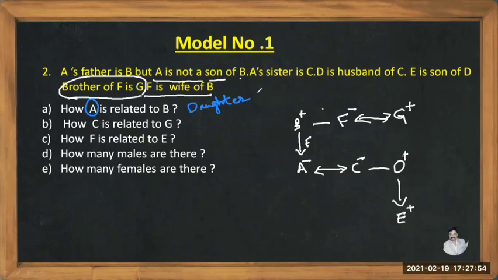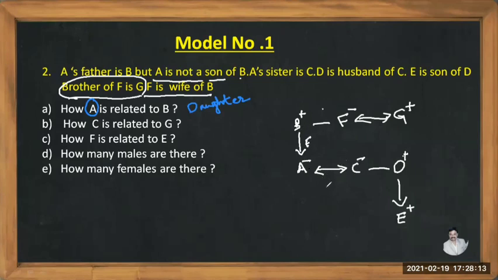Next, how is C related to G? Here is C and here is G. Here C is nothing but B's daughter. Why?